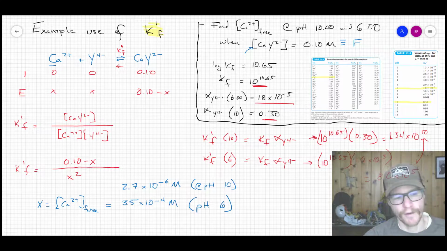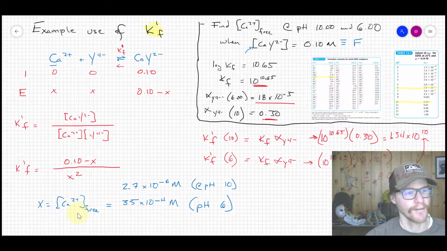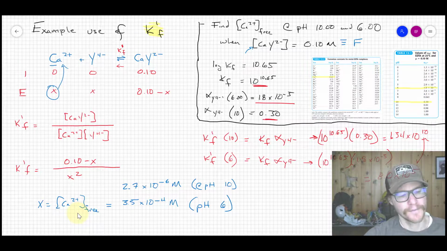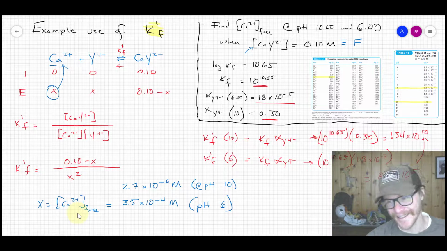Okay, so we solve for x using the two different conditional formation constants, so the two different pHs, and we get at pH 10, 2.7 times 10 to the minus 6 molar, and x again is the free concentration of our calcium here, which means that you've got about 2.7 micromolar calcium floating around when you have 0.1 molar complex at pH 10, knowing at pH 10 that we have a lot more Y4 minus in the system.